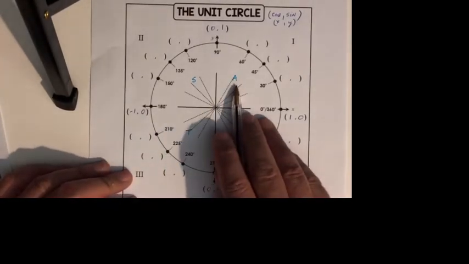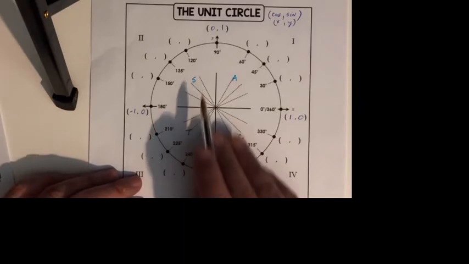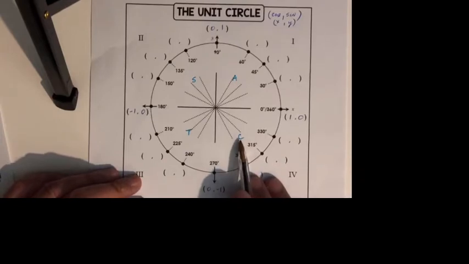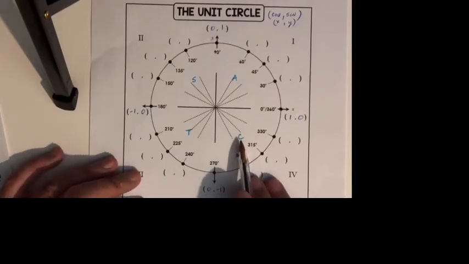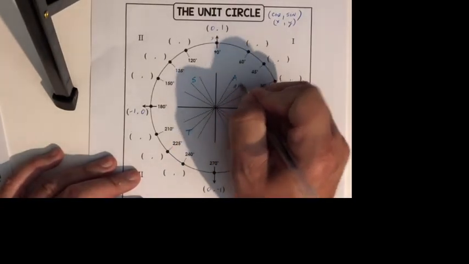All the signs are positive. Sine is positive with its reciprocal, the cosecant. Tangent and cotangent are positive in this quadrant. And then the cosine and secant are positive in the fourth quadrant. Okay? So remember, this means all.